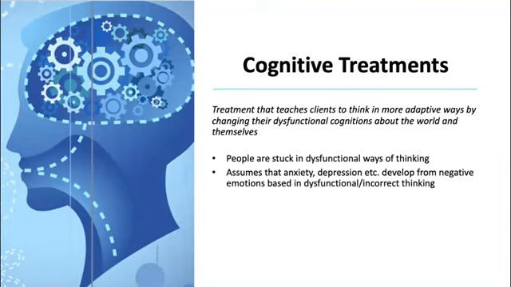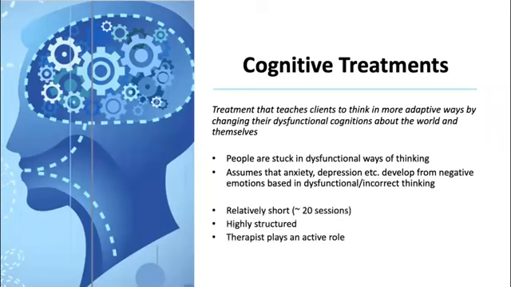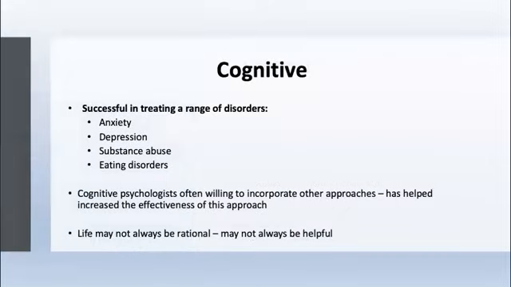the individual themselves. This treatment is typically administered over a small number of sessions, usually less than 20, and they are highly structured sessions with the therapist playing a very active role and guiding the patient through the sessions. This approach has been shown to be successful in treating a variety of disorders such as anxiety, depression, substance abuse, eating disorders.